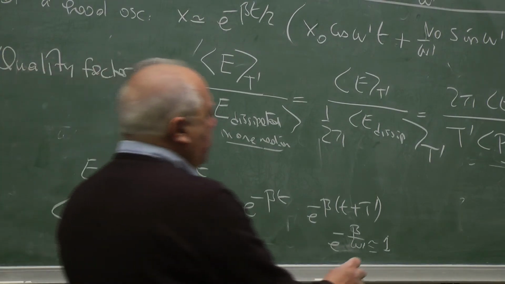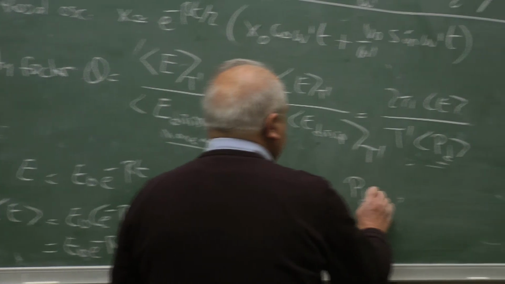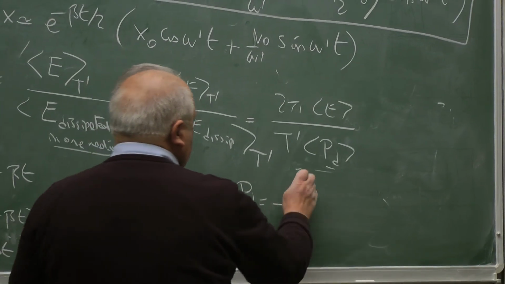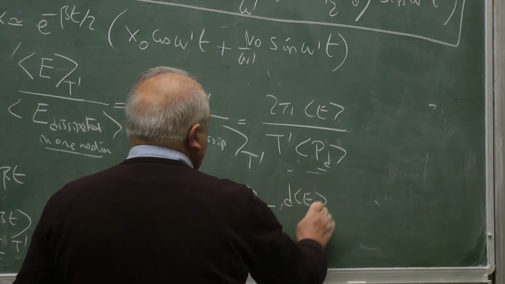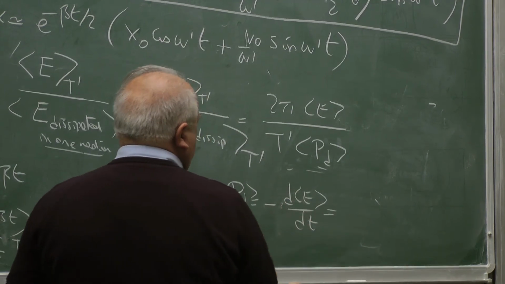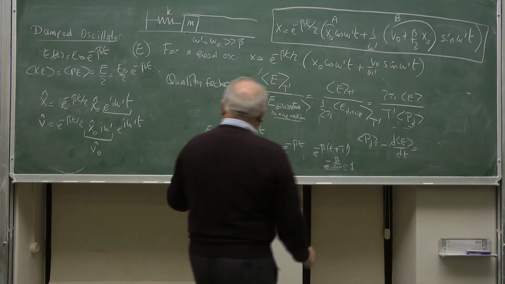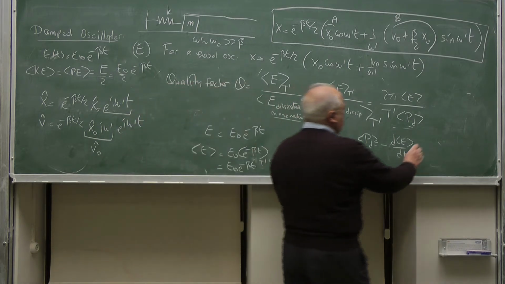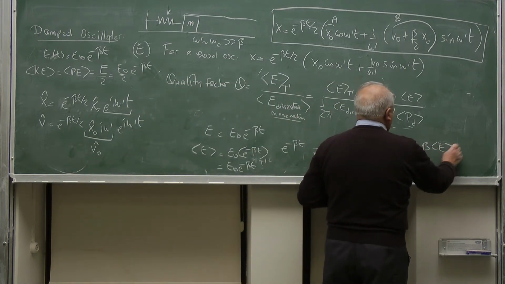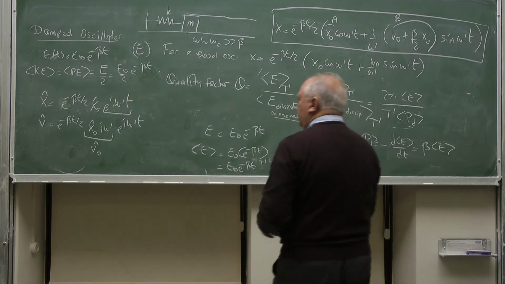Now, power dissipated average will be minus dE dt. But that's very easy to compute. It is simply, minus minus cancels, it is beta times E. So let's put that in.